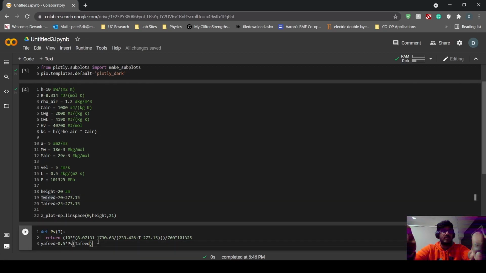And we're going to go ahead and divide that by our pressure, 101,325 pascals. And that should give us the mole fraction of water in the air.